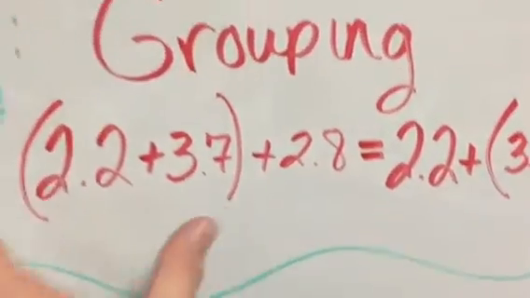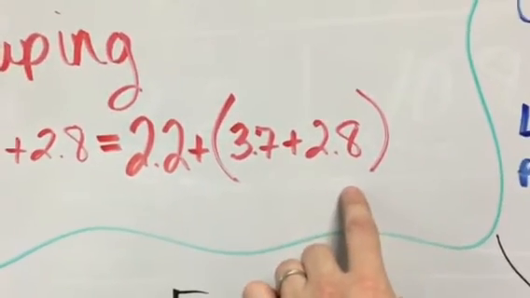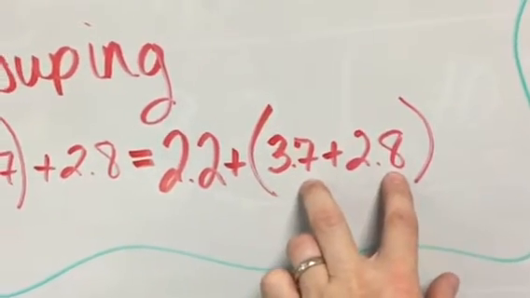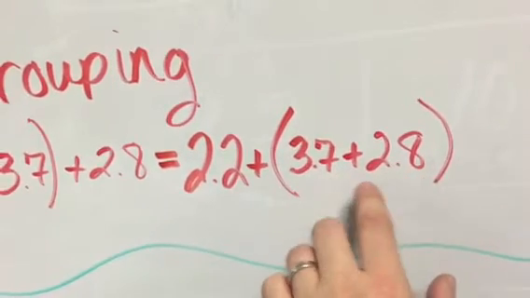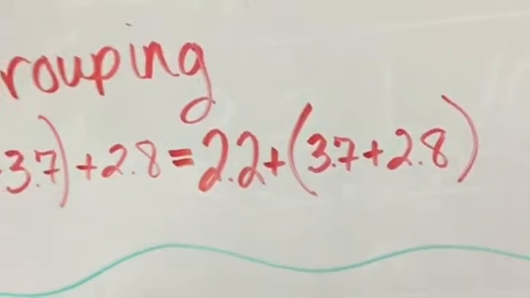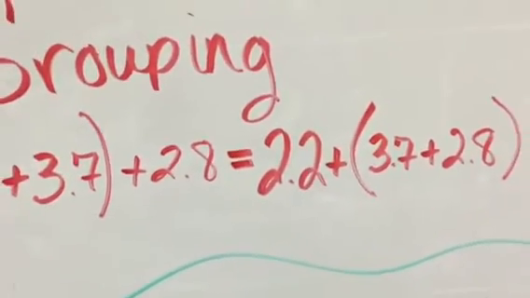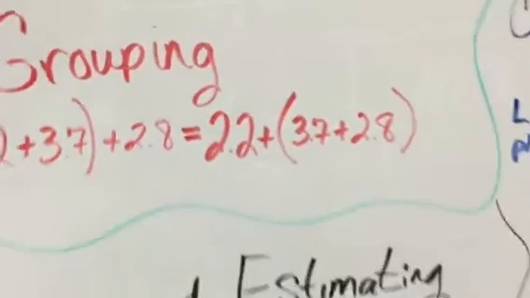So what I'm going to do is take that grouping and move it over and do 3.7 plus 2.8. And I know that 7 and 8 make 15, so I take 3 plus 2 plus the 1 that we would have carried will give me 6.5, and then I add the 2.2. And it just makes it a little bit easier for me.